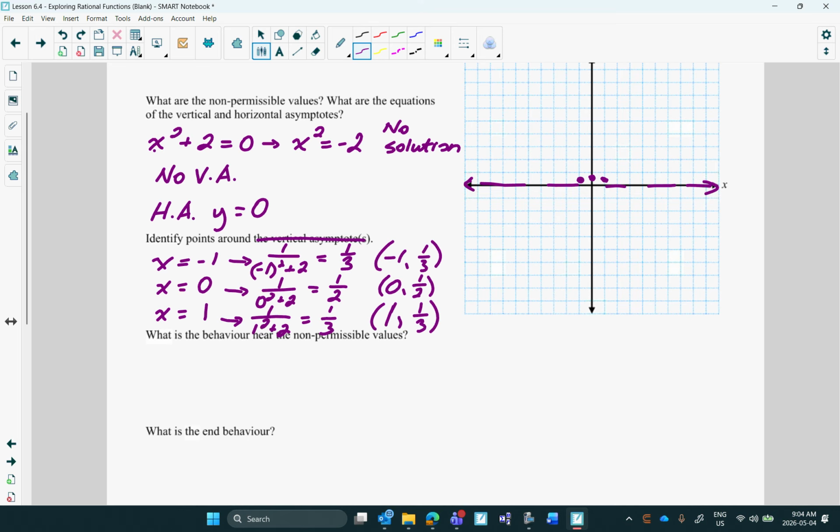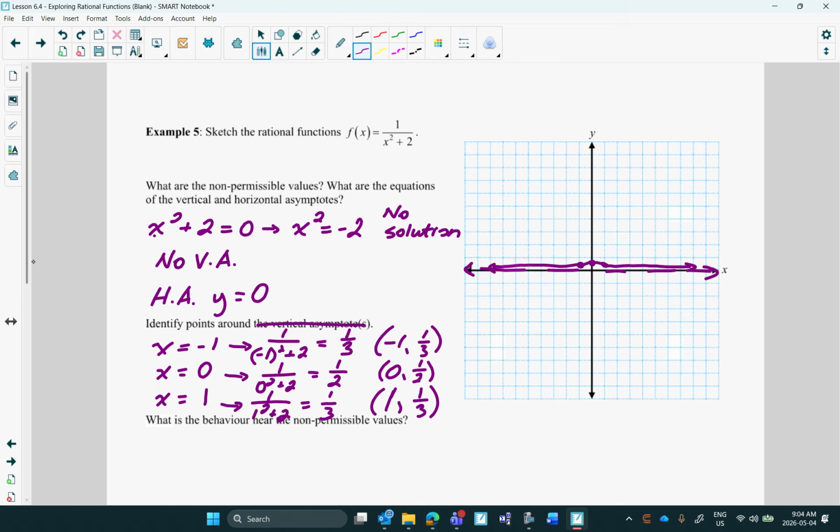Well, we know that it has to continue on here along the horizontal asymptote, and then it kind of goes up a little bit, and then it continues along there. I call this one the speed bump.